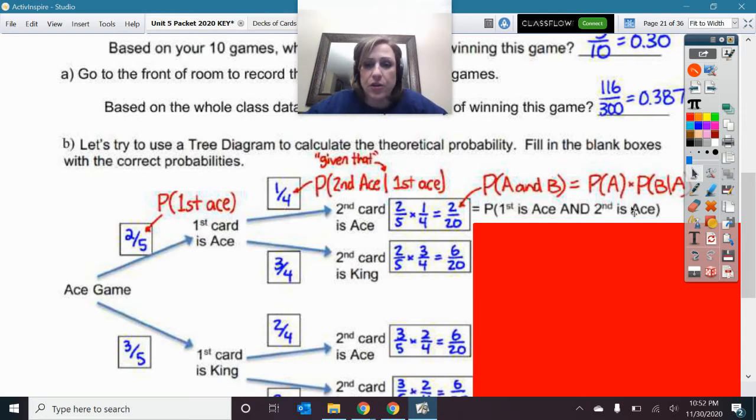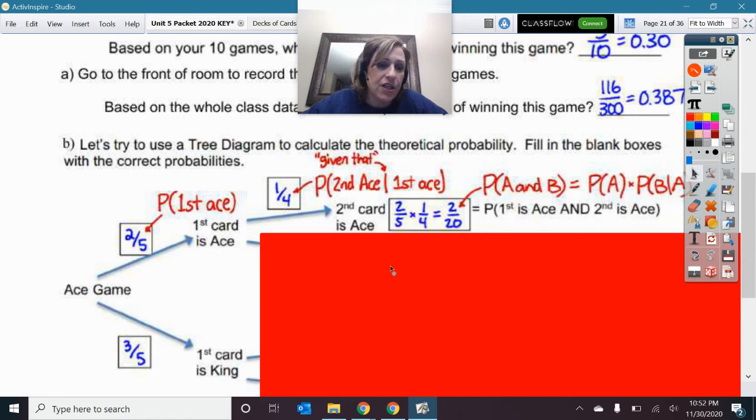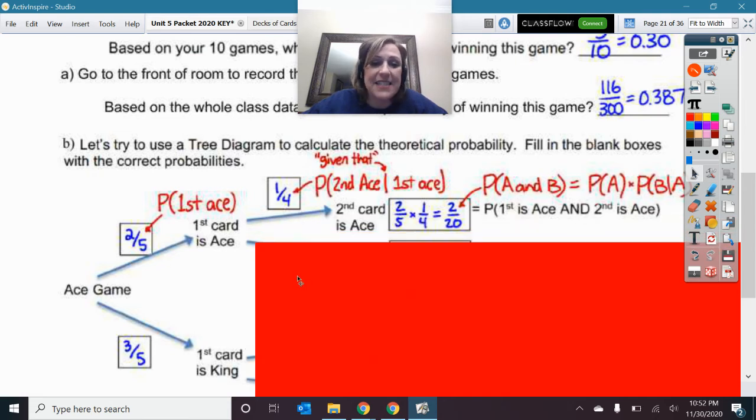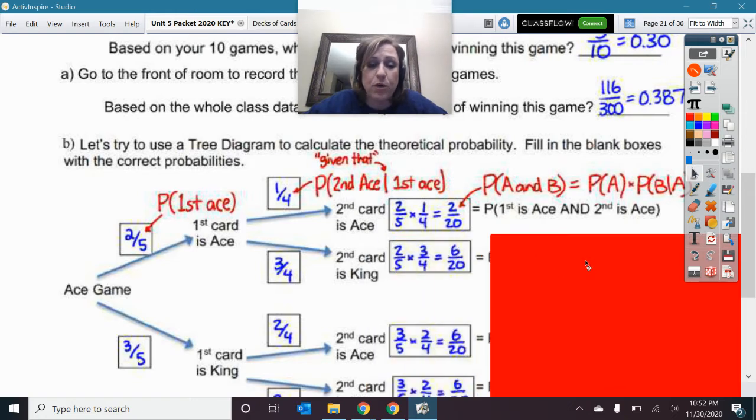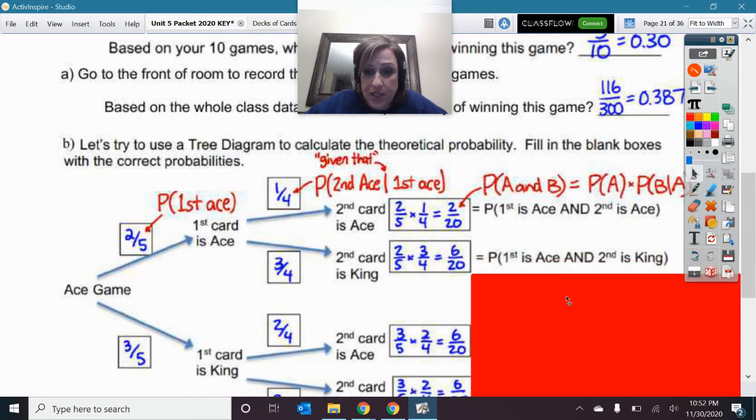Okay? So the next one. 2/5 of the time you would get an ace, but then 3 out of those 4 times you would lose. Okay, so that multiplies out to be 6/20. So what is that? That's 3/10. So 30%. So that's 30% of the time that you would then lose.